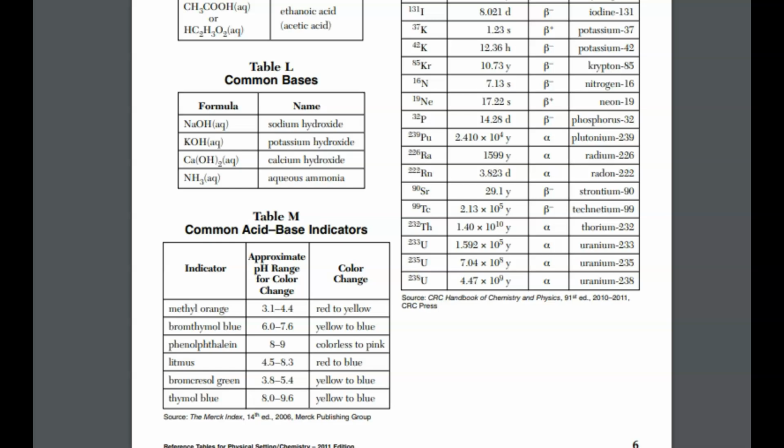For reference table L, you see the common bases, and the first 3 all have a metal and OH. The only one that does not is ammonia. That is because ammonia is not defined as a base under Arrhenius' theory. It would be the other acid-base theory. And you see calcium hydroxide there, which was our answer.